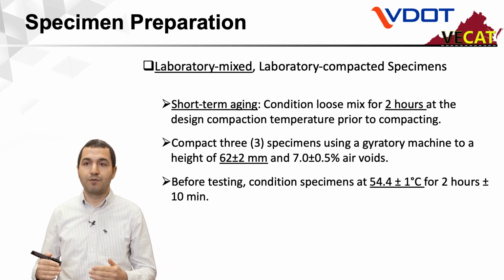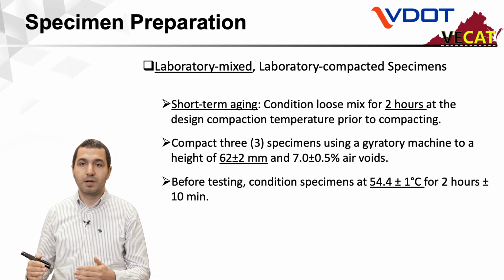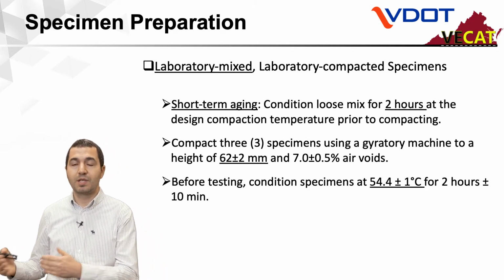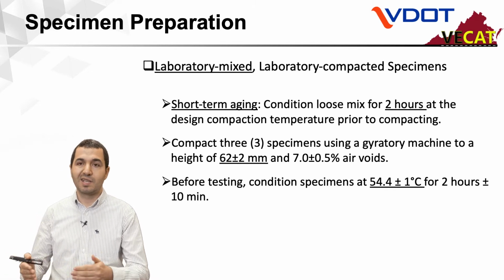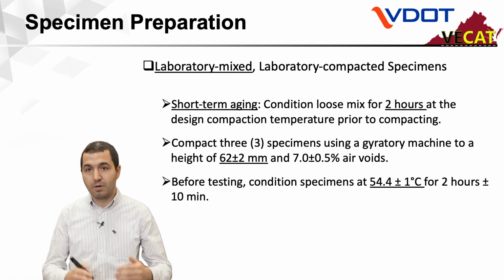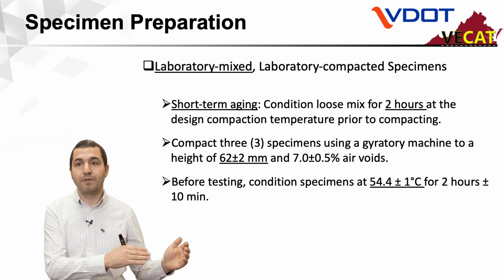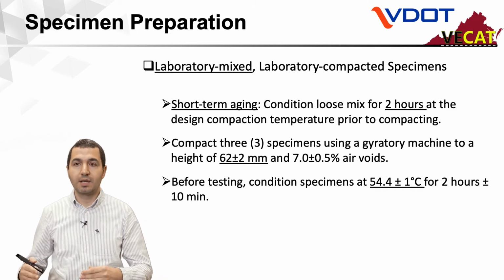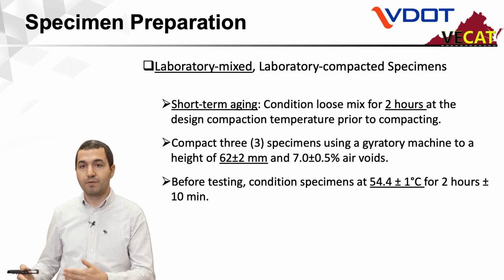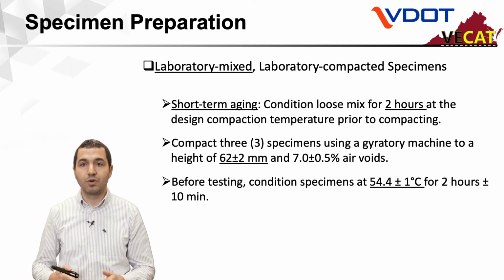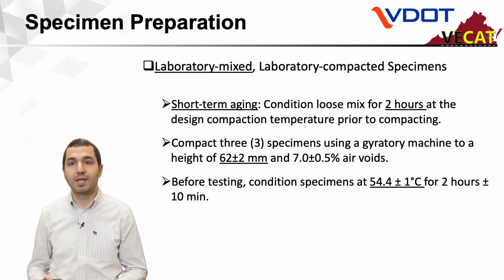The difference here from the APA procedure is that in APA, specimens are compacted to 75 millimeter tall. In this case, it's 62 millimeter tall, which is the exact height of the cracking test. So it creates a convenience for lab technicians to compact all their specimens to the same height.